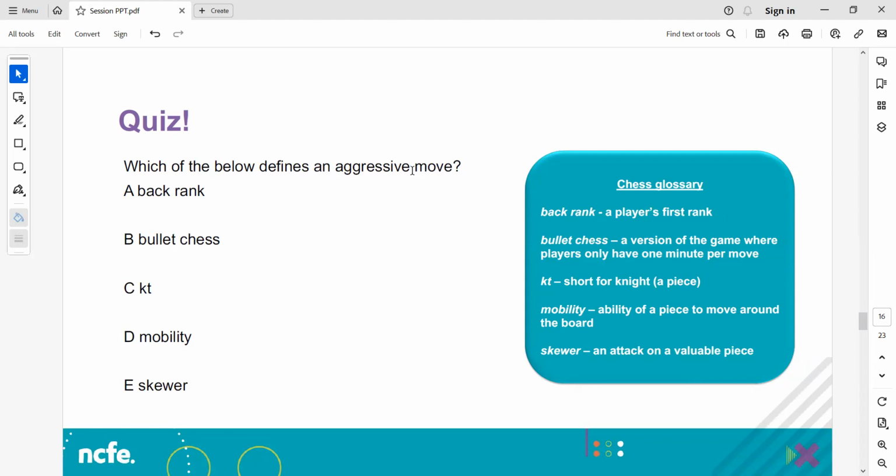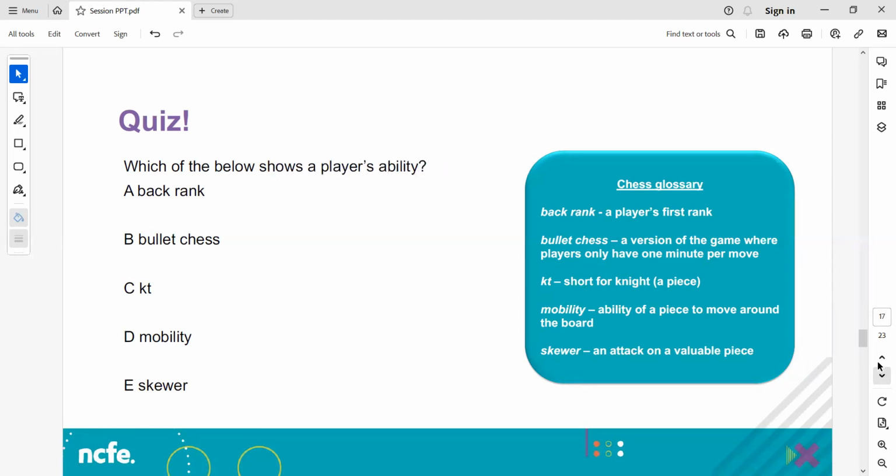Does that describe an aggressive move? No. KT, we've already looked at that, is short for knight. Mobility, the ability of a piece to move around the board. Is that an aggressive move? No. So we've got skewer, an attack on a valuable piece. Yes. So the attack, that word there, tells us it's aggressive.